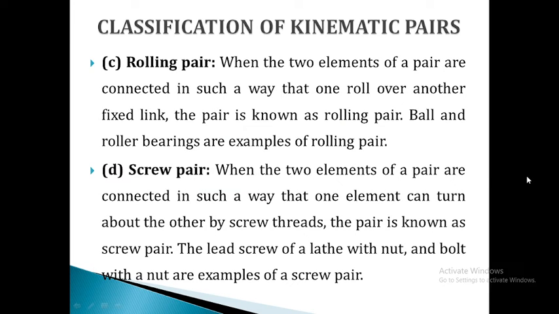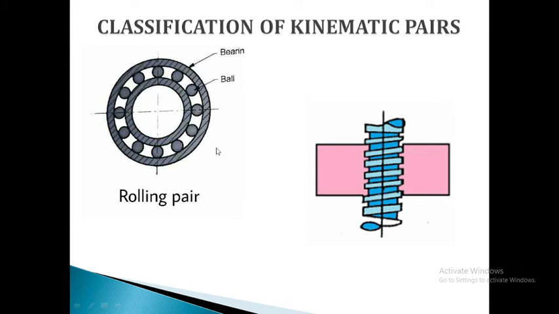Now what is rolling pair? When the two elements of a pair are connected in such a way that one rolls over another fixed link, the pair is known as rolling pair. Ball and roller bearings are examples of rolling pair.